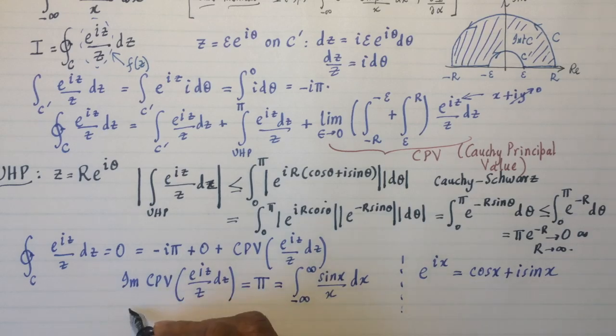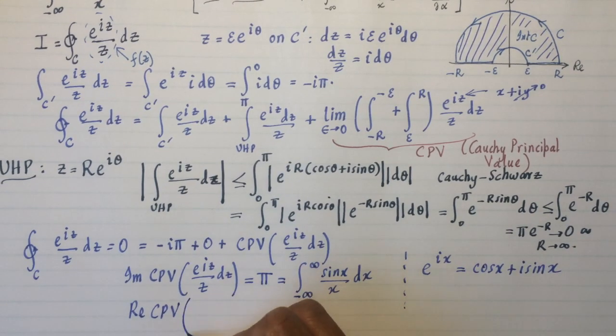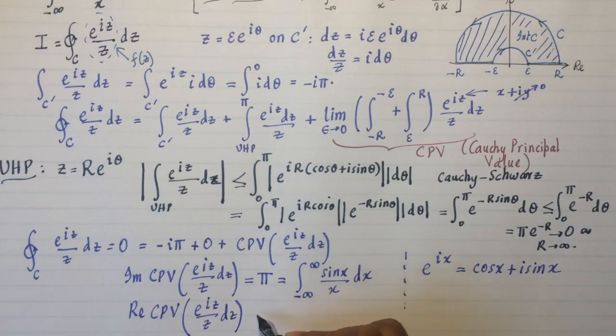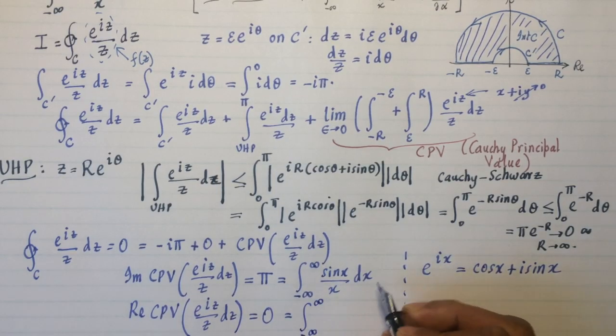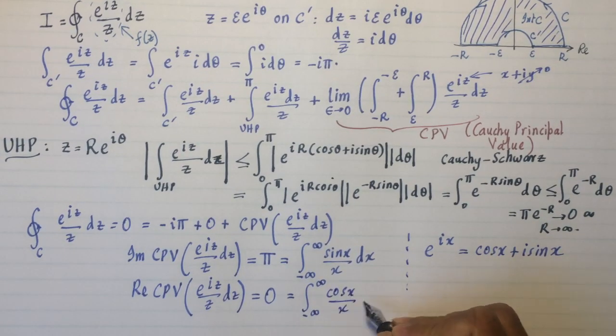All right, now the real part, as an added bonus, we get the further result that the real part of the Cauchy principal value of e to the iz over z dz is equal to 0, and that's the integral from negative infinity to infinity of cosine x over x dx.